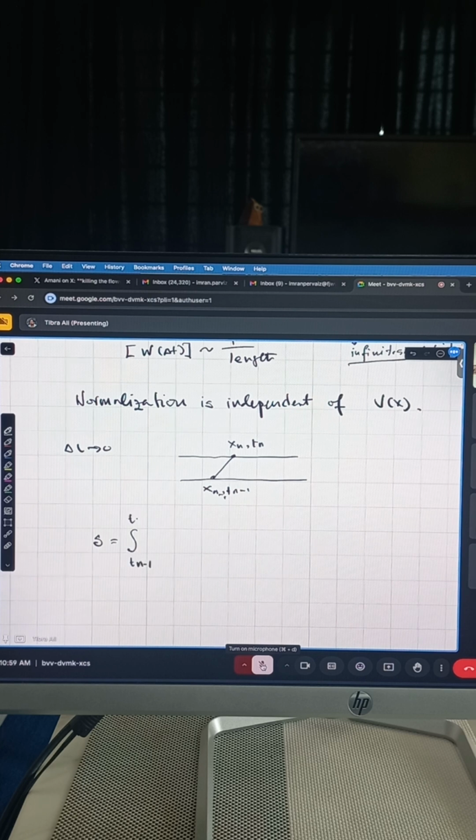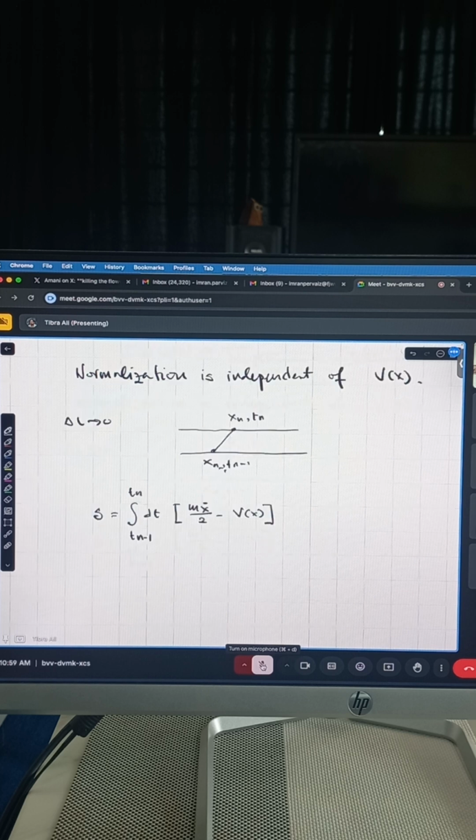But now we discretize it, assuming that the particle is moving in a straight line. So the discrete version is going to be delta t, which is just this integral, times m/2, times the particle's position at time t_n minus the particle's position at time t_{n-1}, squared, divided by delta t squared. So this is the velocity squared.